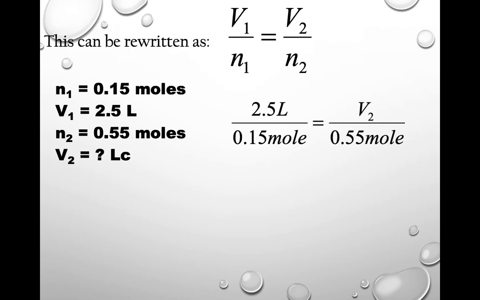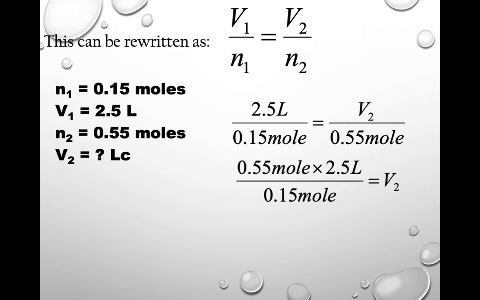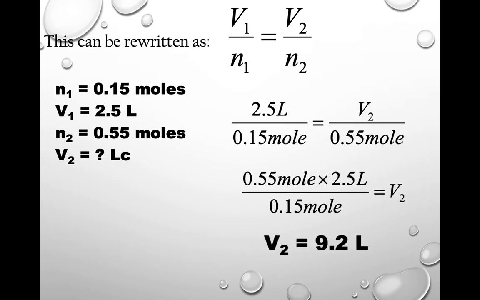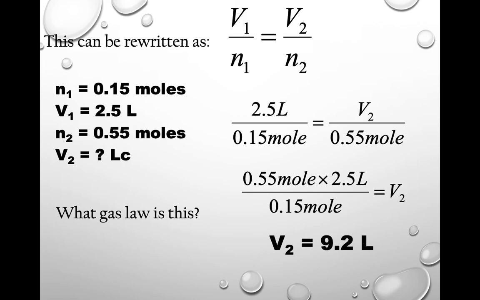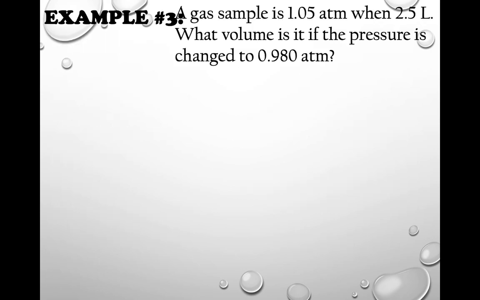And so what I'm left with is volume over the number of moles. So then I can just take my information, plug it into the equation, rearrange, solve for volume, and I get a volume of 9.2 liters. And then I can always look, which gas law is this? Volume over number of moles, that's Avogadro's. Let's look at another example.